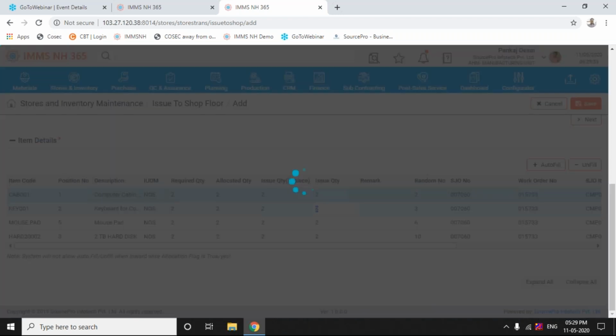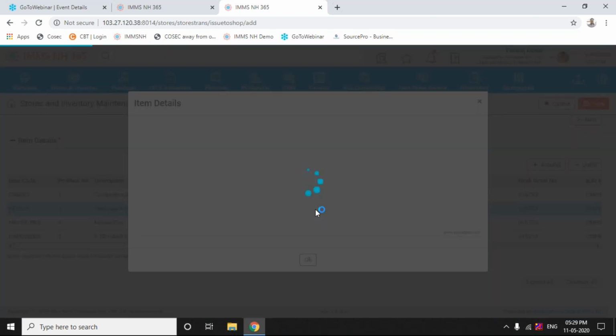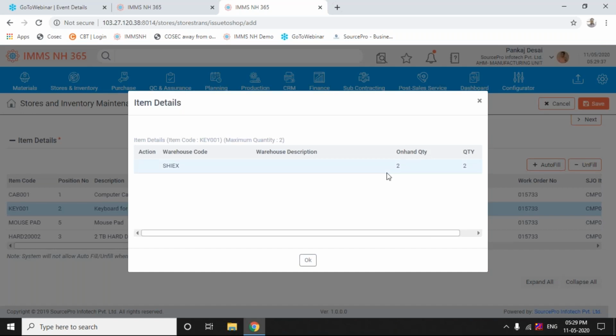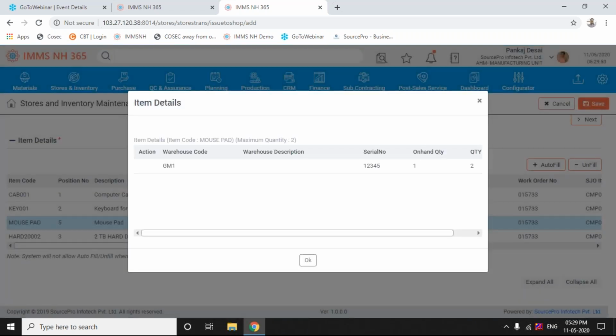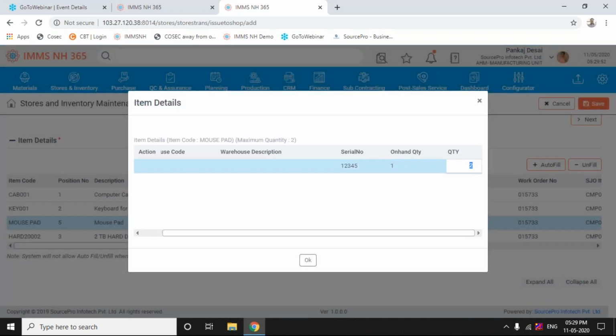Let's go to the production booking. On hand quantity, and if it is the same, then we are issuing. You can use the autofill button as well, so that quantities which are identically demanded, and if you issued, will be taken as issue quantity.